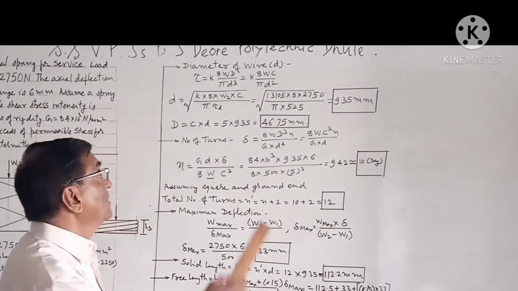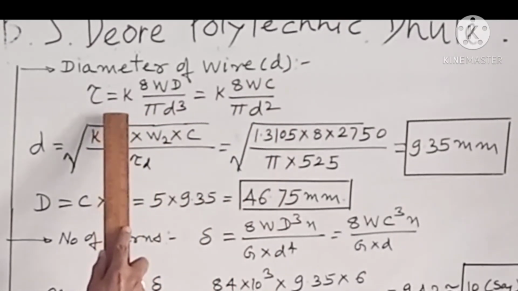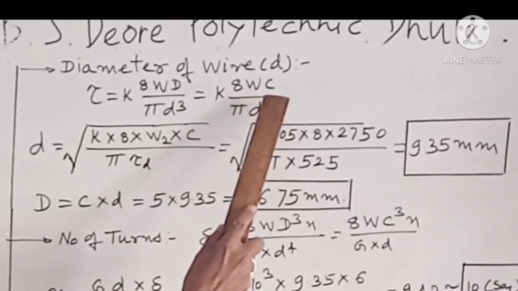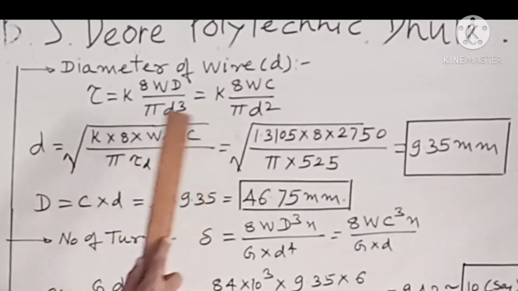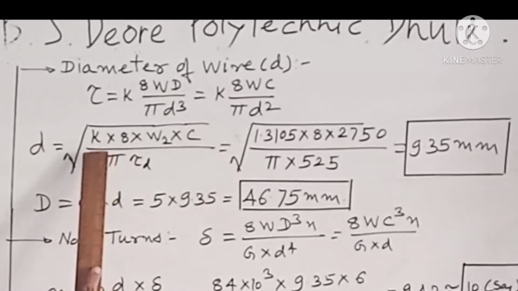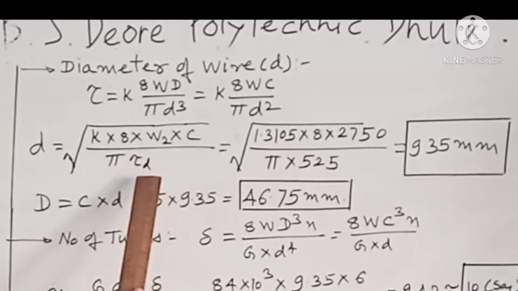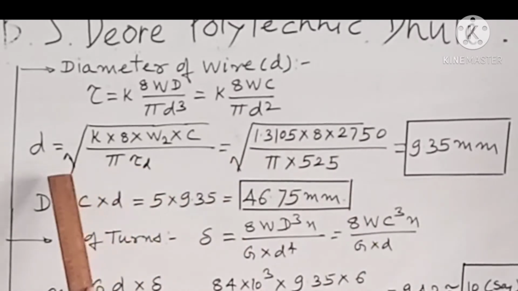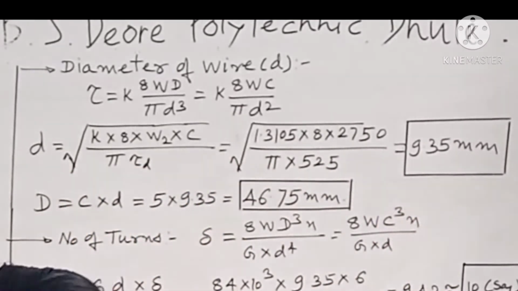First, we determine the diameter of wire from this formula. Tau is equal to K into 8WC upon pi d square. Substituting the value of K, W2 and C and tau d, we determine the diameter of wire, that comes out to be 9.35 millimeter.